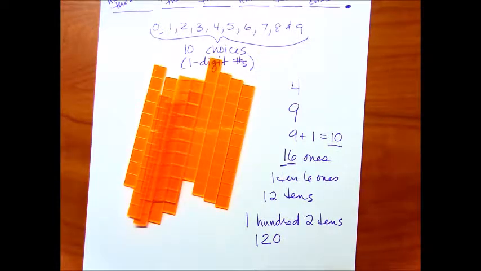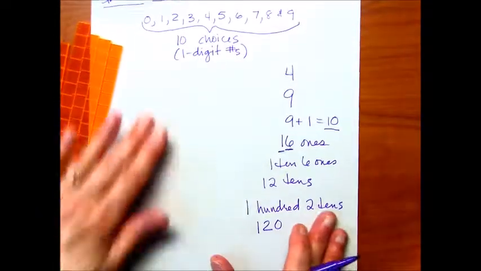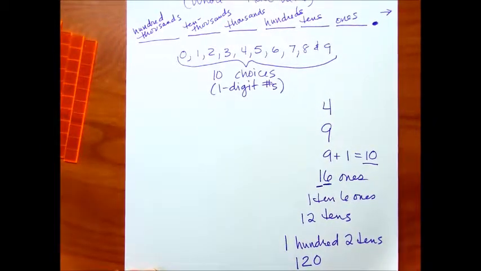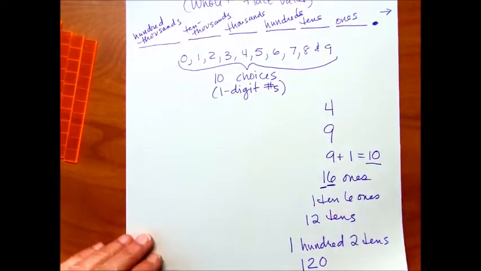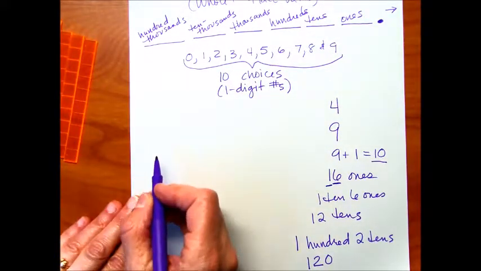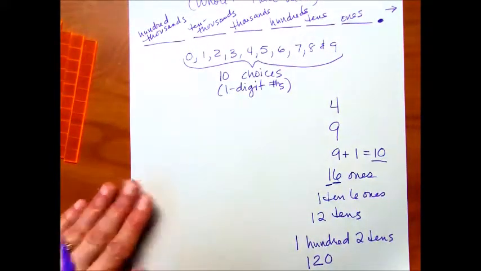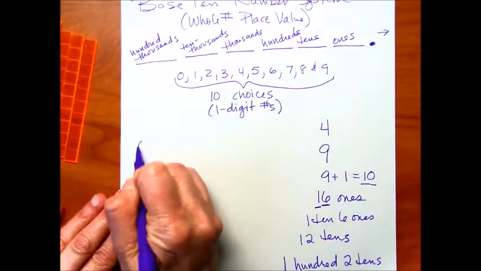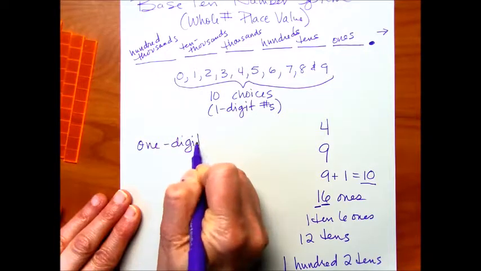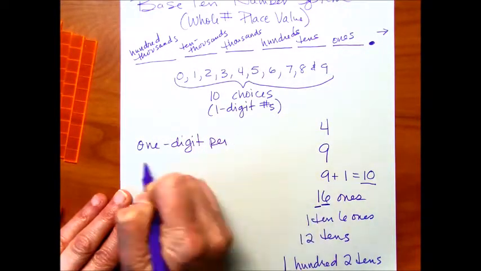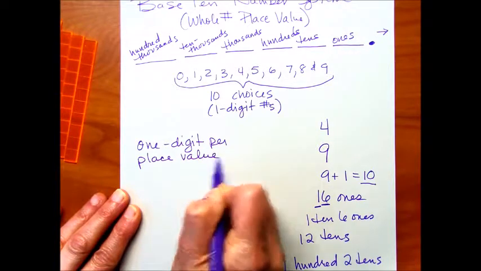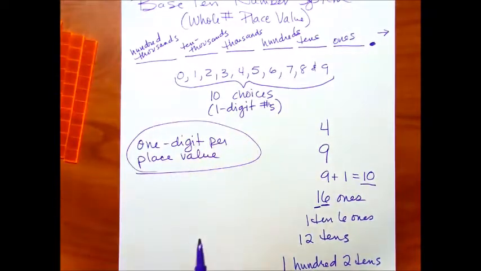Let's do a little recap here, because I don't want to give you too many examples. I think this is enough to give you an idea of what I'm talking about. So recap, place values in the base 10 system can only have one digit per place value. That's key.